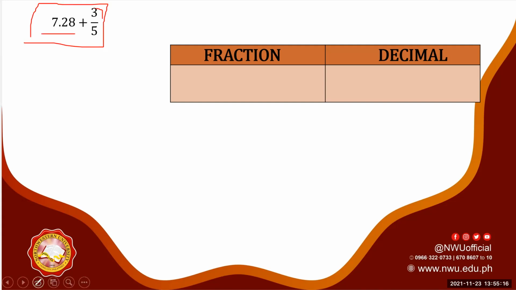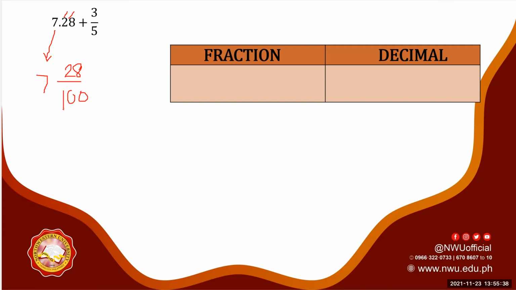So how can you rewrite 7.28 into fraction? You can rewrite that using our definition kanina, which is to copy that whole number as your numerator and to count the number of decimal places since dalawa lamang. That would be your zeros and that's 1.